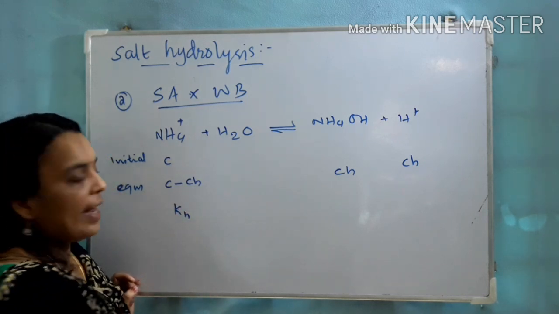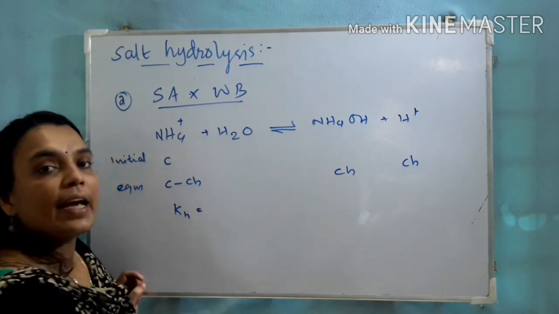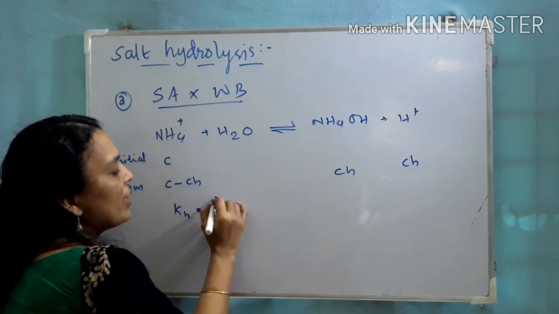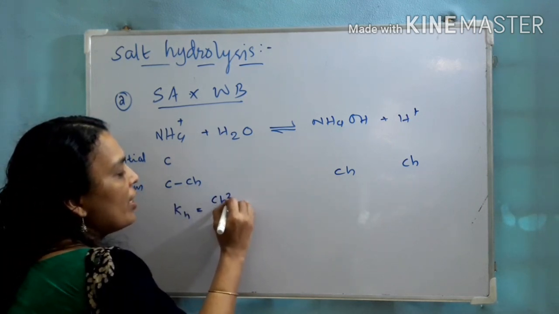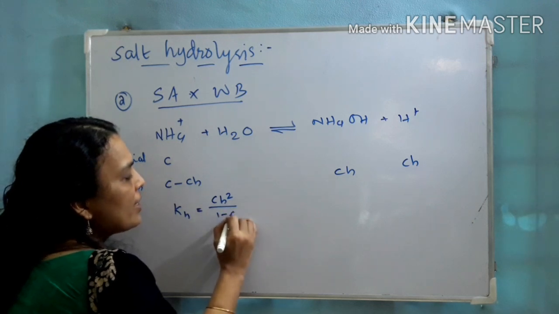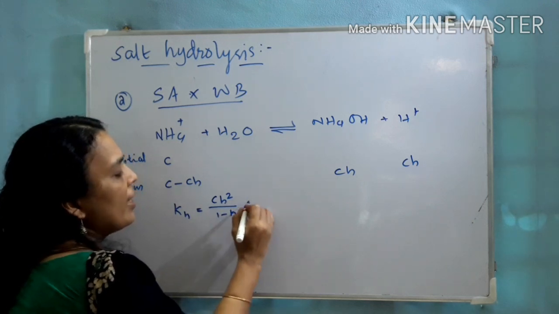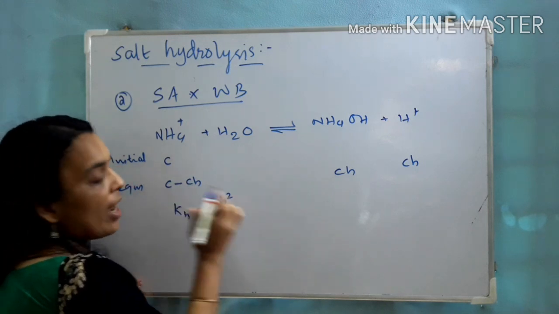Now we have the hydrolysis constant Kh. Hydrolysis constant Kh is equal to, by solving this, Ch square by 1 minus h, that is, we can take C outside.